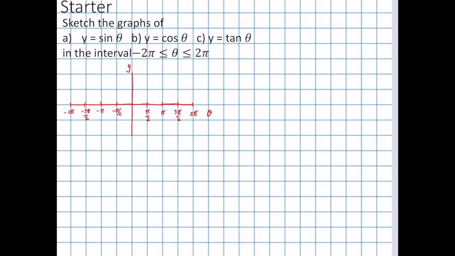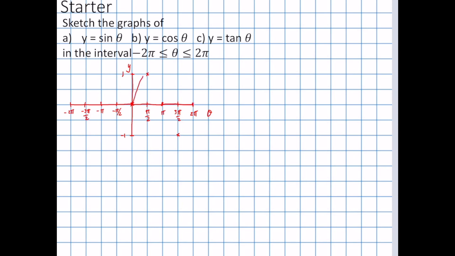There we go. Now a graph for sine theta, the maximum value we'll have is 1, and the minimum value will be minus 1. Hopefully, again, you can remember that sine 0 is 0, so we give this our starting point down here, and then we're going to go up to 1, back to 0, down to minus 1, back up to 0 again.